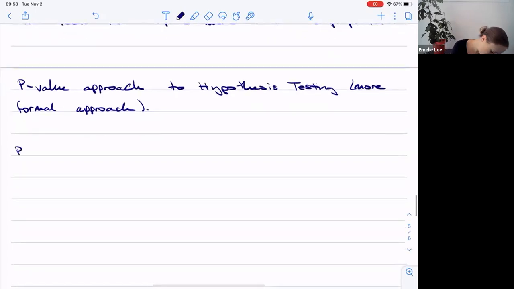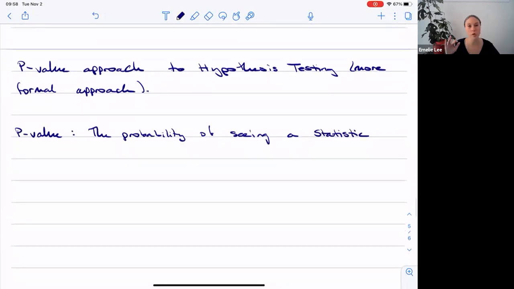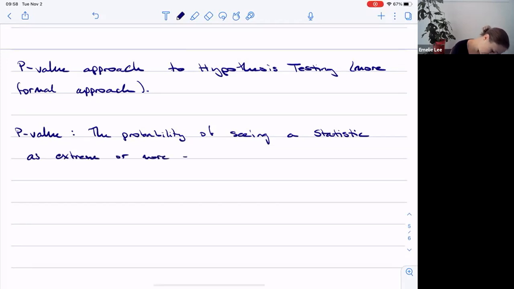So by definition, it is a probability of seeing a statistic as extreme or more extreme than what we saw, assuming the null hypothesis is true.